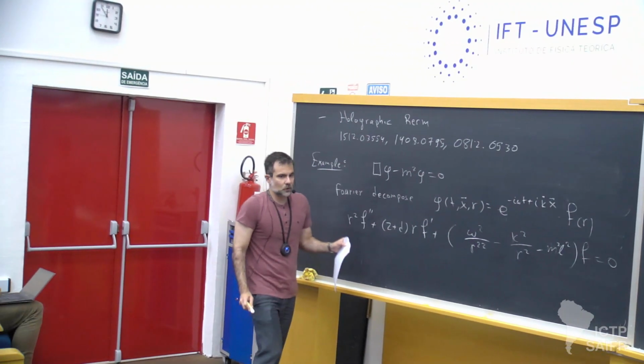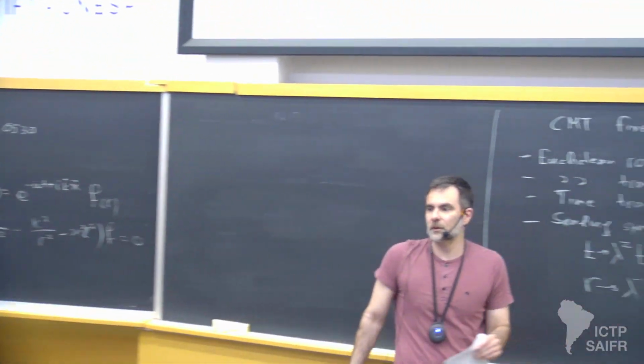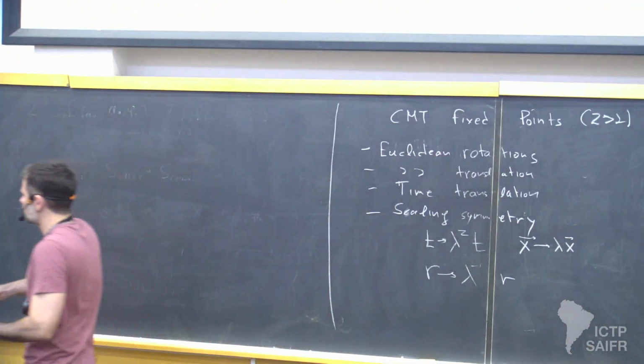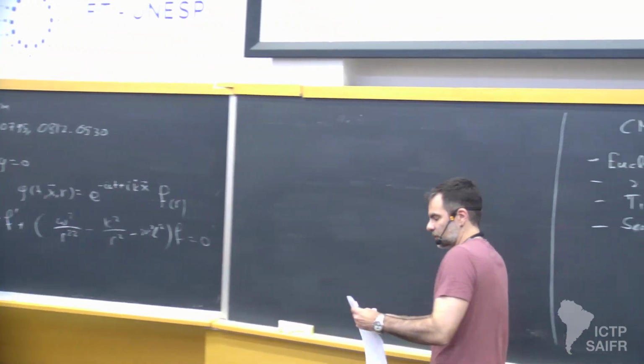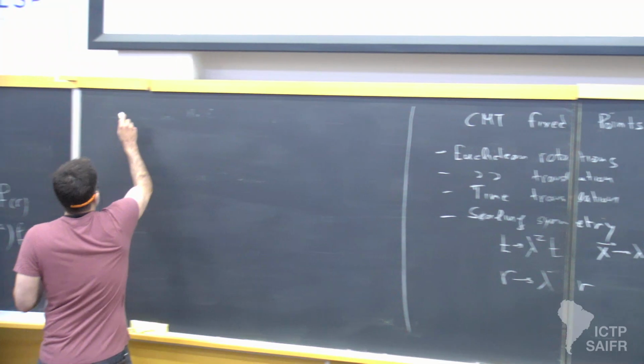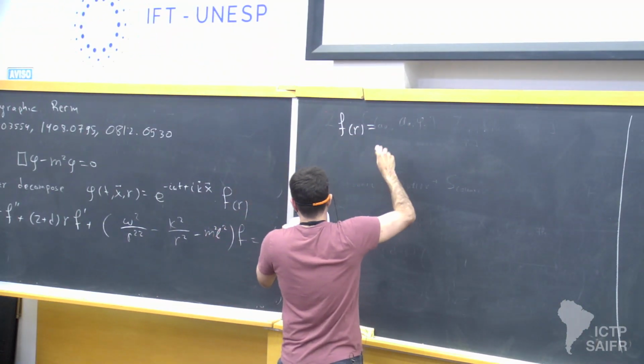Now, the first step you could do in AdS is study the asymptotics at r goes to infinity. You want to do the same thing. r equals infinity is a singular point of this equation. You can write the Frobenius expansion, and find the two constants of integration.